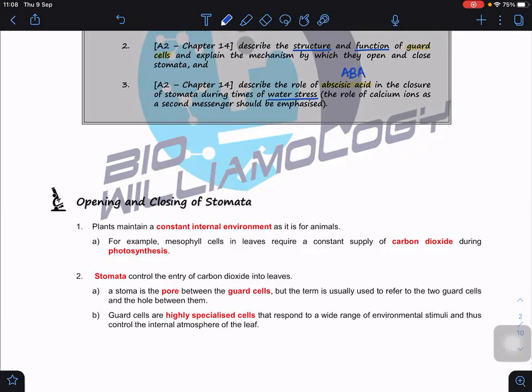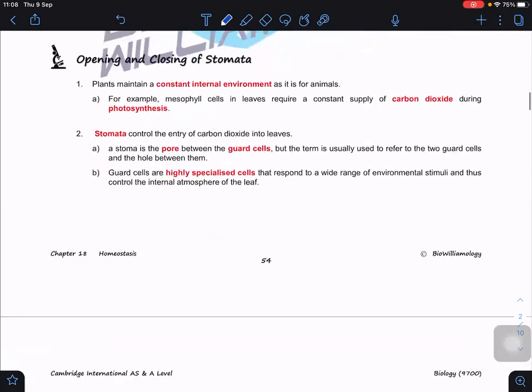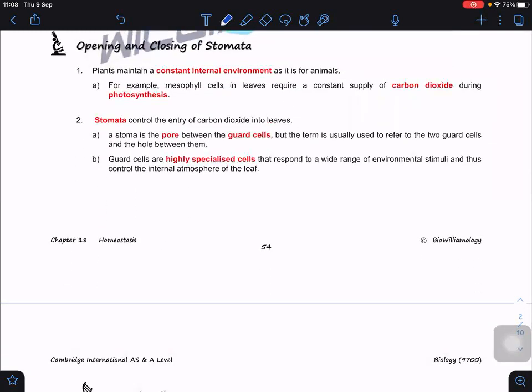This hormone can cause the closure of the stomata, therefore reducing the rate of transpiration. Then the plant will manage to survive in this condition, even though they may not be able to increase the supply of water, because they can reduce the rate of transpiration. Clear? So we look at this opening and closing of the stomata.